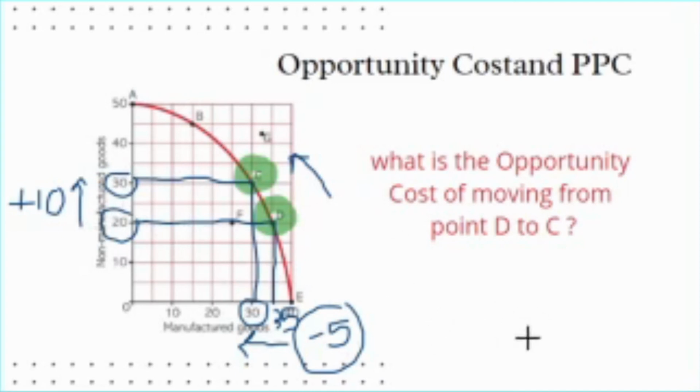So your answer is 5 units of manufactured goods. You can see the minus value is the sacrifice we made. The definition of opportunity cost is the value of the next best alternative forgone. So our forgone alternative is manufactured goods, and how much is the value? 5 units of manufactured goods.